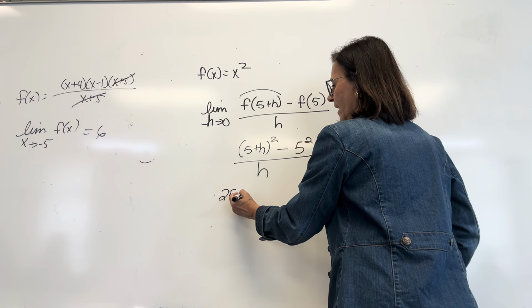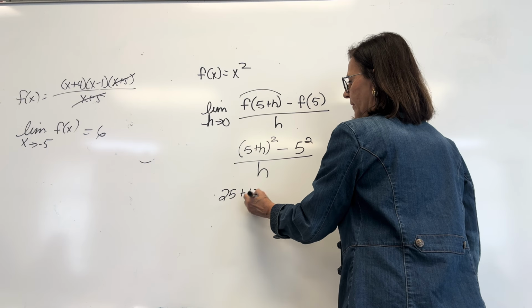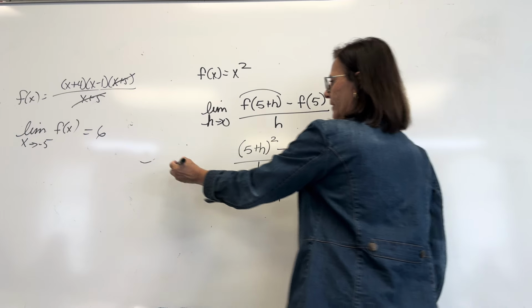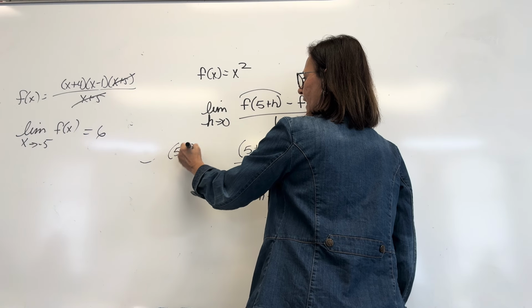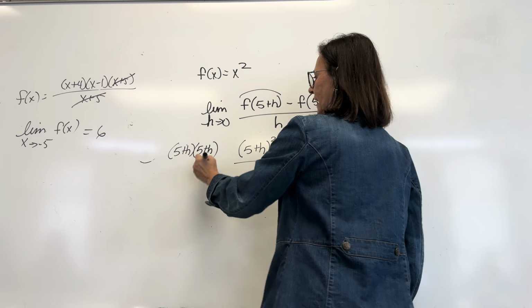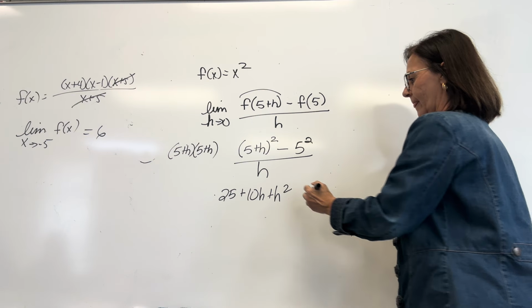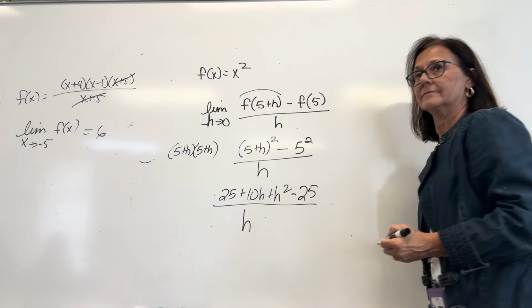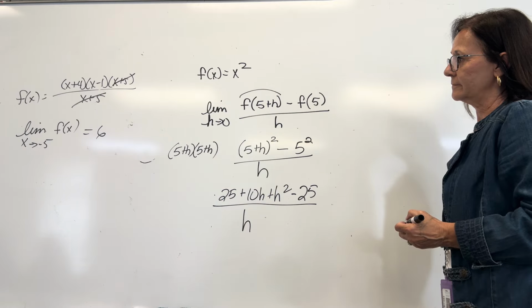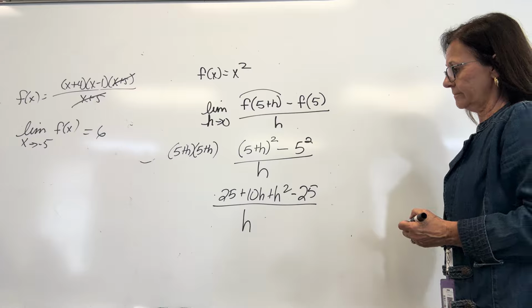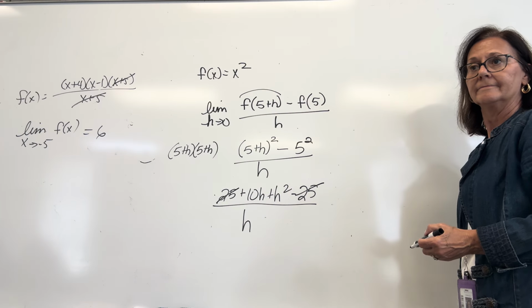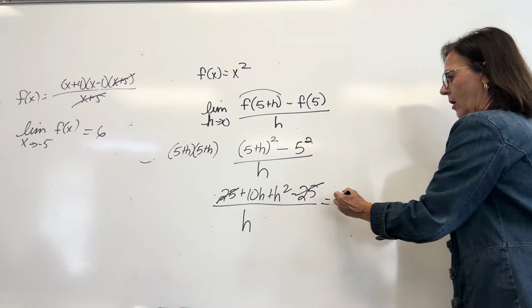What's 5 plus h squared? It's 25 plus 10h plus h squared. It's 5 plus h times 5 plus h. Minus 25 all over h. Our 25s cancel. Are you with me?